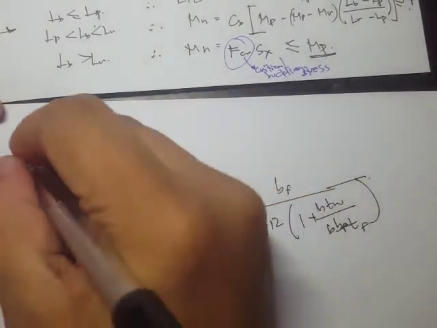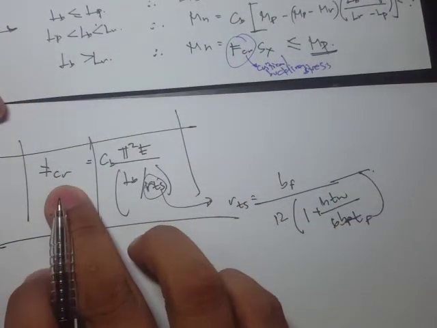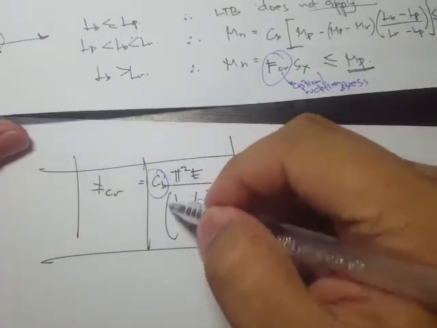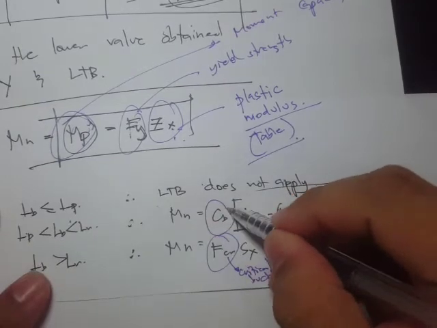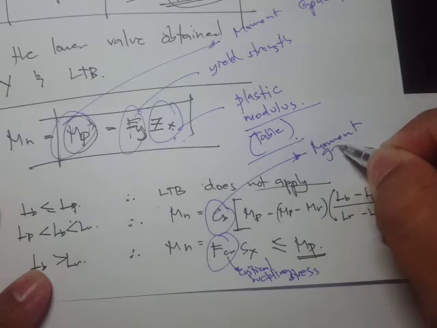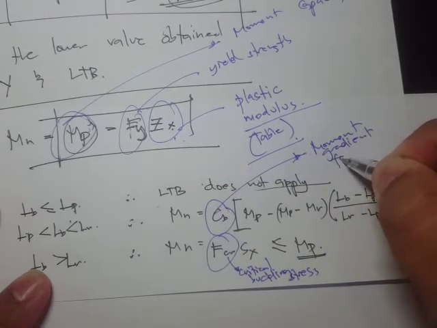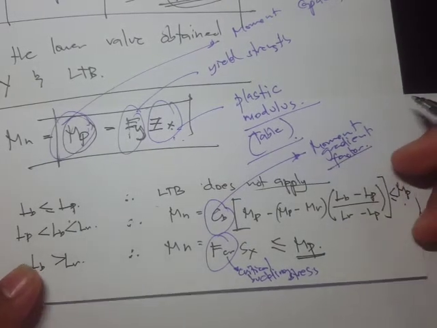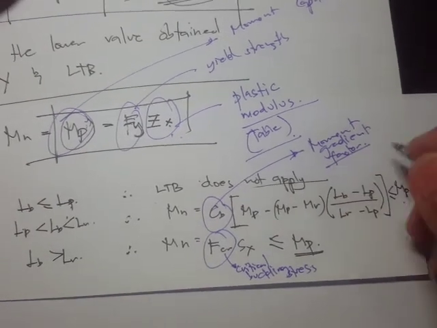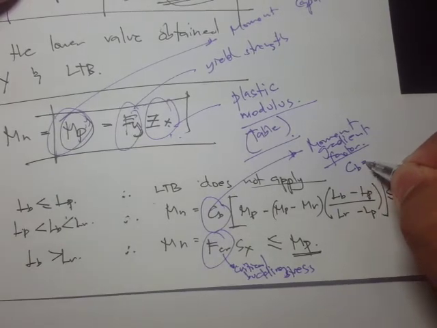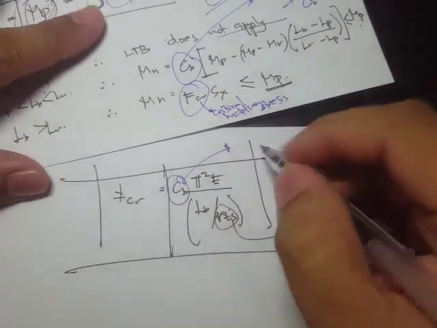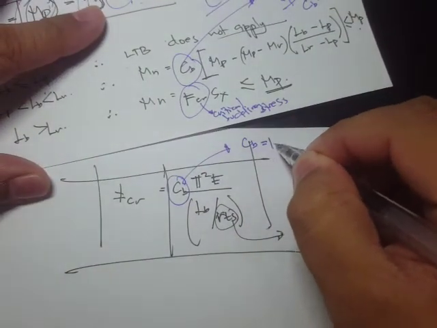So this is the equation for the critical buckling stress, and you would notice also that we have this parameter C sub B. This C sub B is referred to as the moment gradient factor, and actually just accounts for the uniformity of loading. So for us here, we'll just assume that C sub B is equal to 1.0. Okay, so we don't have to worry about the value of this. Just assume that it is 1.0.